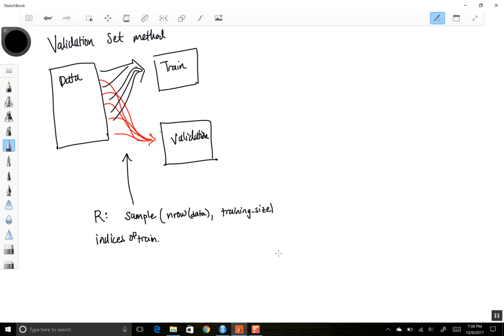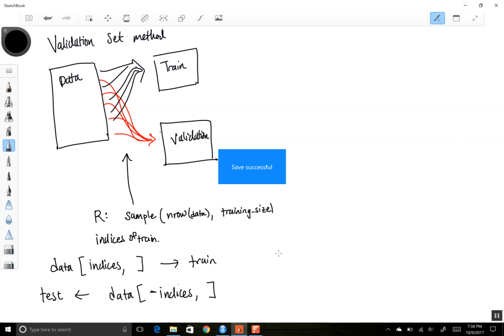And so what you would do is you would subset your data based on the indices. This goes into your train set. And then the test set basically becomes, you subset the data for everything but those indices. Okay, becomes your test set.